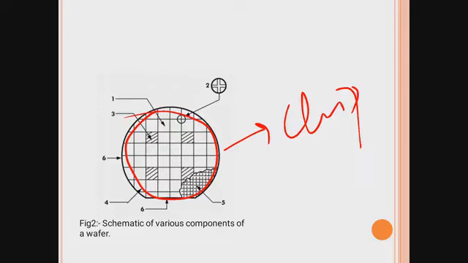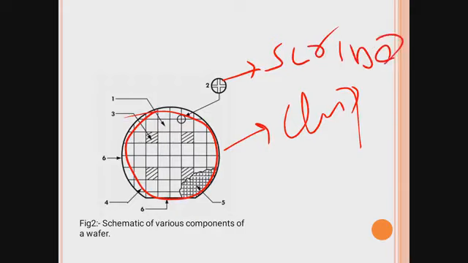If we observe this zoomed point, this is the area or junction between two dies, and this line is called the scribe line. It is used for separating the individual dies when fabrication is completed.